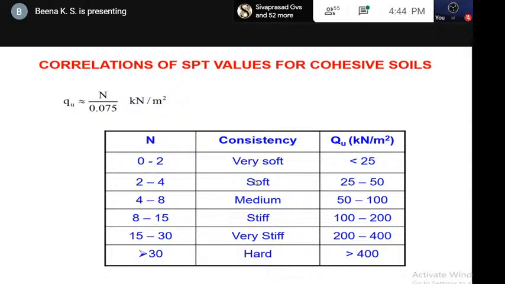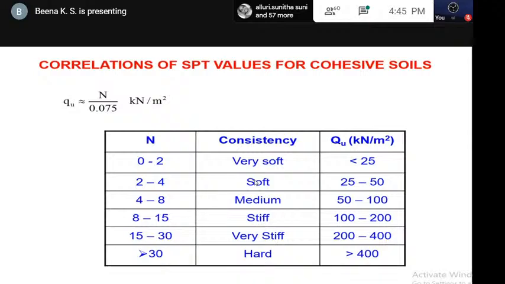It may be noted that in place of a sample of height 100 millimeter for conducting the unconfined compressive test, we need to cause a penetration of 450 millimeter of the sampling tube for the standard penetration test.